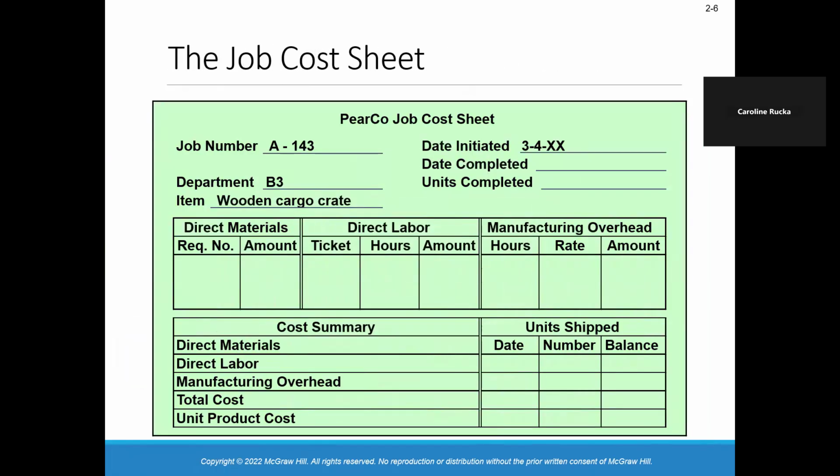Okay, so this is an example of what a job costing sheet would look like at one of these companies. You can see they have the job number, the date, when you initiated it, when you completed it, how many units, what the item is that they're buying. Then you're going to have your direct materials, direct labor, and then your manufacturing overhead.